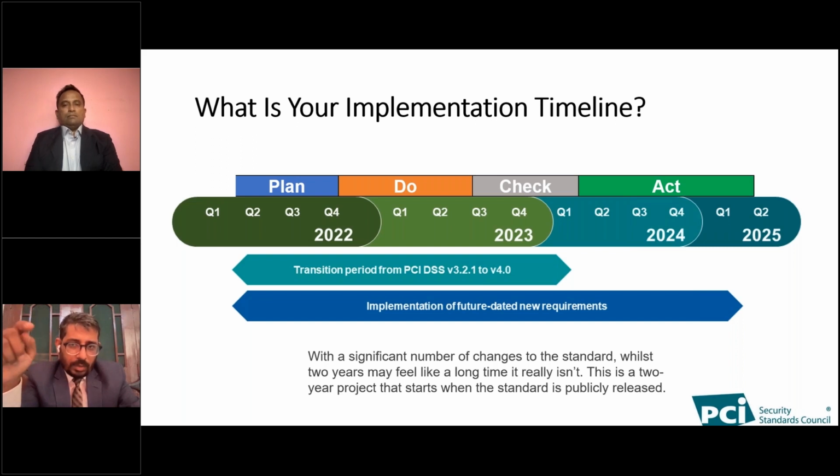The second requirement on authentication is passwords and passphrases. There is an increase in password length from 7 characters to 12, based on feedback that 7 characters is no longer sufficient given modern computing power. The 12 character length is effective 31st March 2025. Until then, entities are required to adhere to 7 characters in accordance with DSS version 3.2.1.